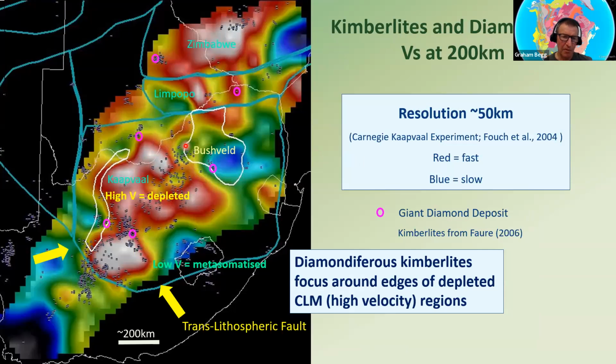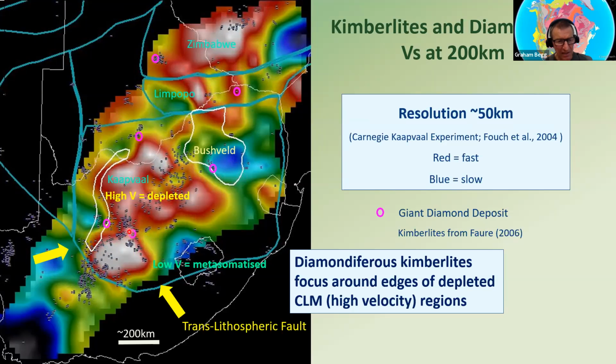And this image of seismic velocity from the Kaapvaal Craton shows high velocity under the Western Kaapvaal here. And what we're seeing here is lower velocity under the Bushveld, where you've had some refertilizing melts added to the lithosphere here. But also you can see these linear trends of kimberlites. That's a linear trend.